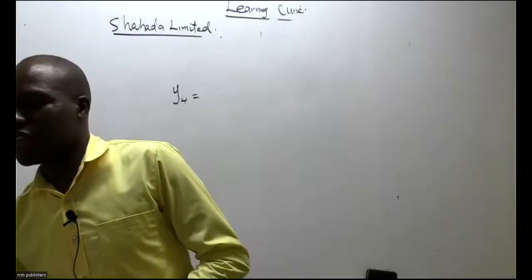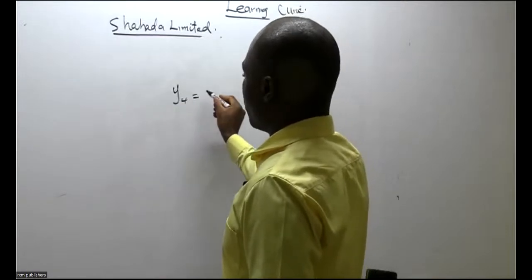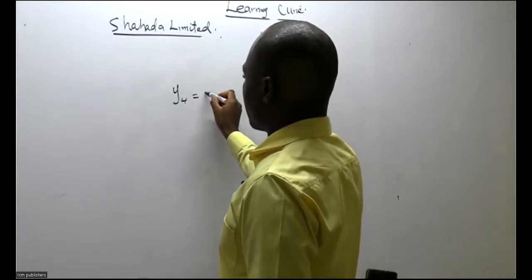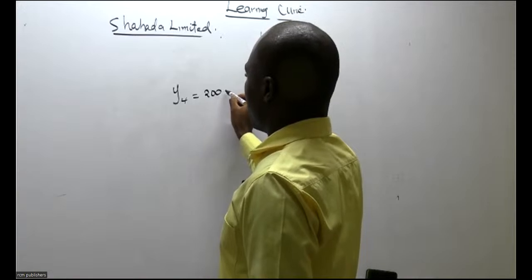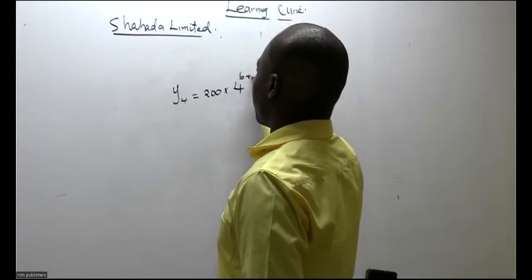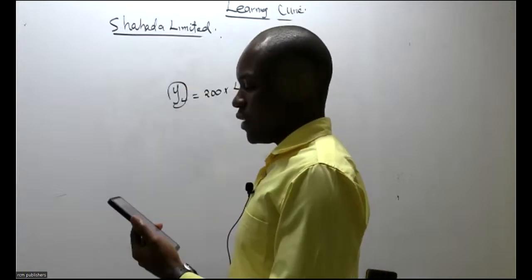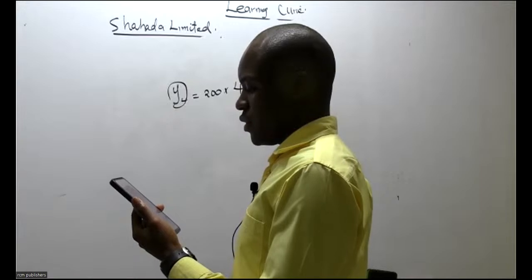Let's see if you are going to have something close to that. Y4 is equal to the hours for the first unit multiplied by X, which is 4 raised to the power B plus 1. We already have this as 648.